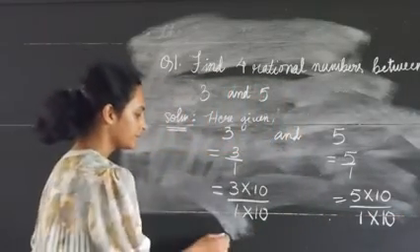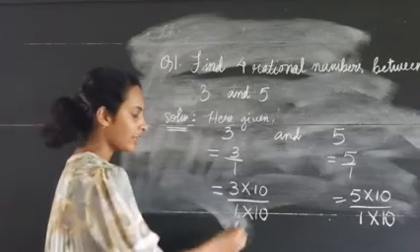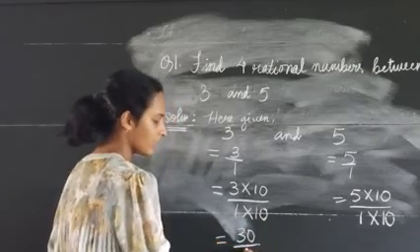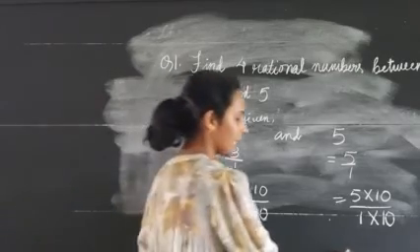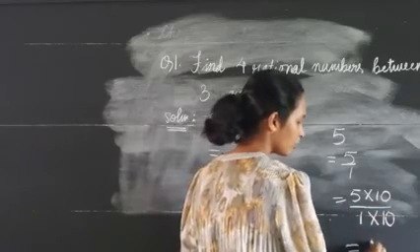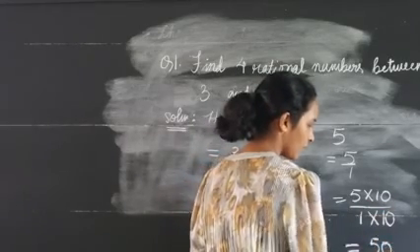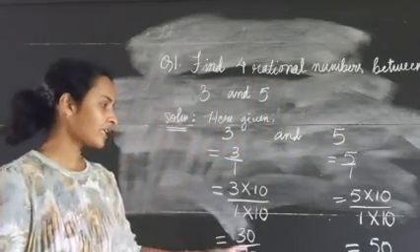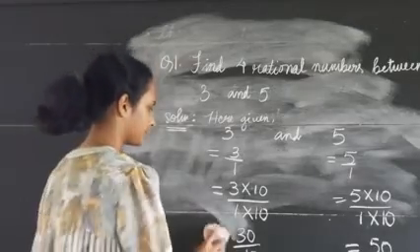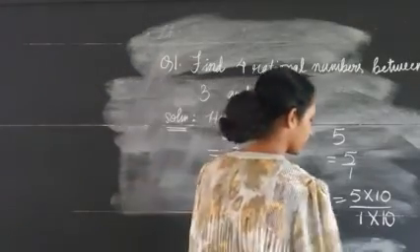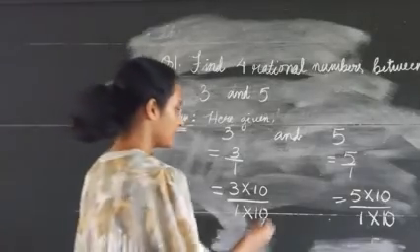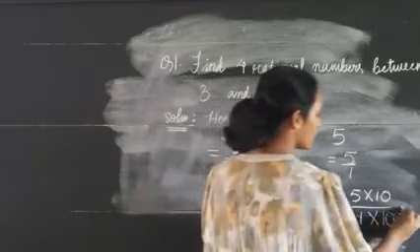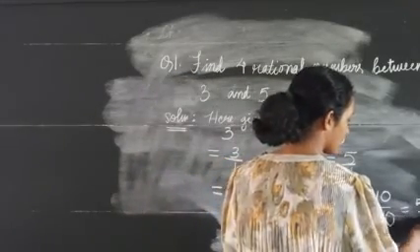Now look here. What are the numbers we got? We got 3 into 10, 30, by 1 into 10, 10. Here we get 5 into 10, 50, by 1 into 10, 10. So can you see the numbers we got? The numbers we got are 30 by 10 and 50 by 10.